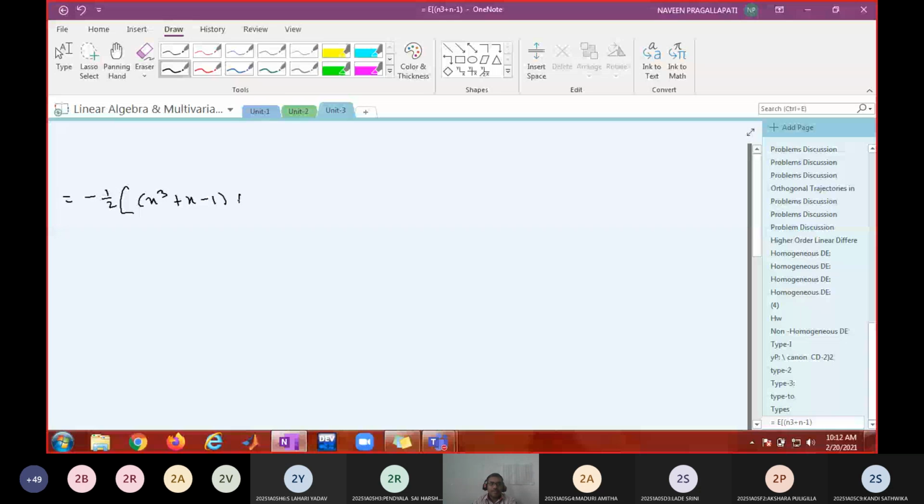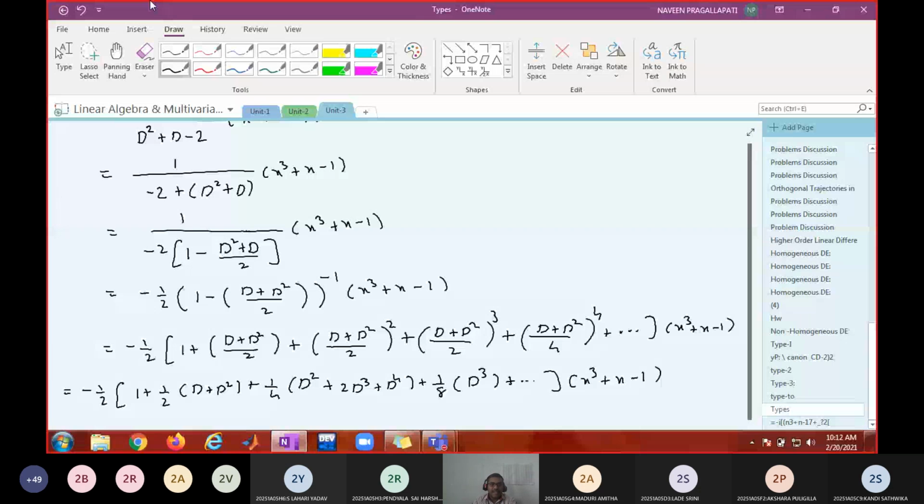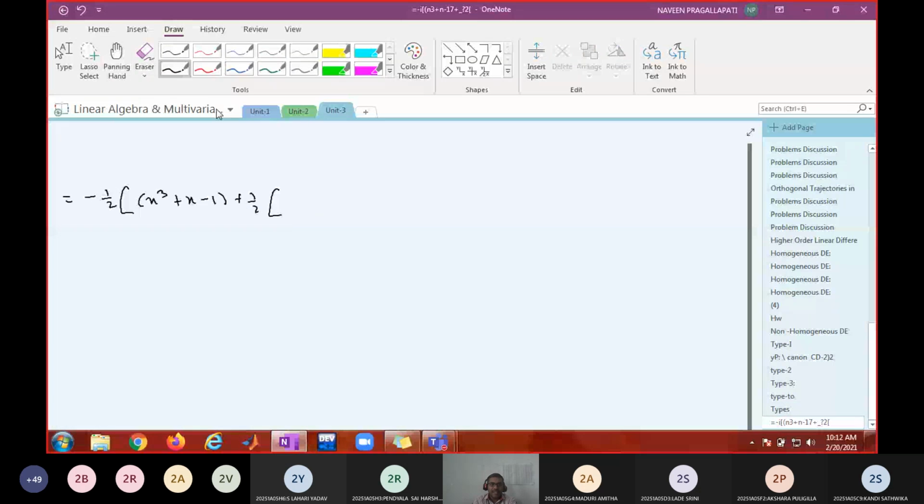First you have to apply derivative. What is the derivative of this polynomial? D of this polynomial is 3x square plus 1. Is it okay? So 3x square plus 1 is the first derivative, plus the second term, d square of x cube plus x minus 1.